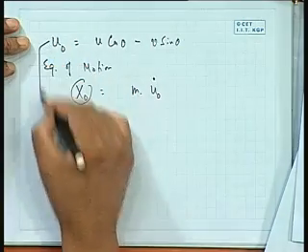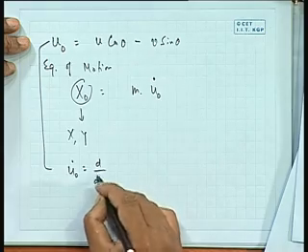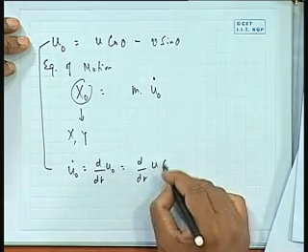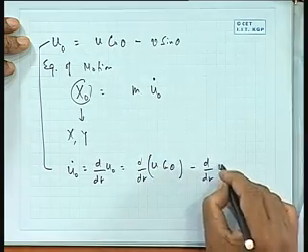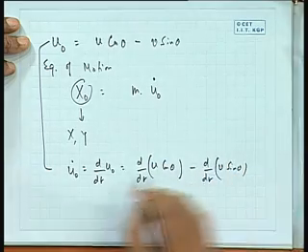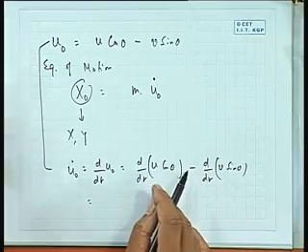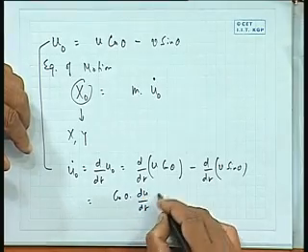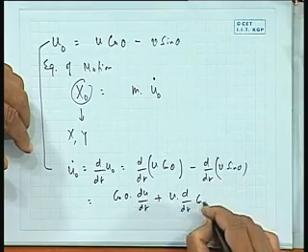Now, you see from this equation, if you do u0 dot, what is this? This is d by dt of u0. This is going to be d by dt of u cos theta minus d by dt of v sin theta. Why am I writing this? Because this has two parts. The angle theta itself is changing with time. So, I have got here cos theta into du by dt plus u into d by dt of cos theta.